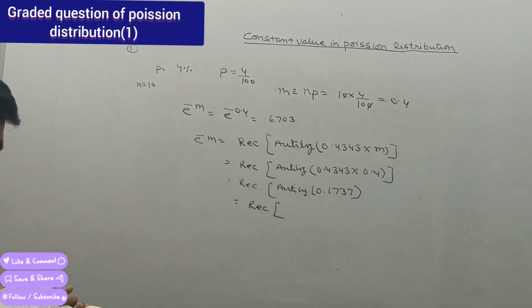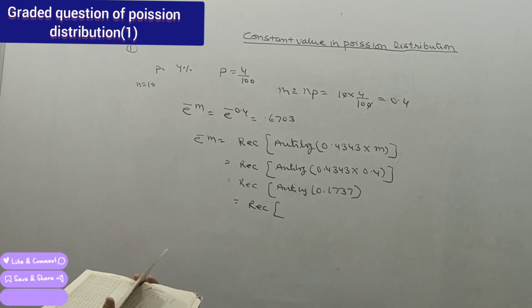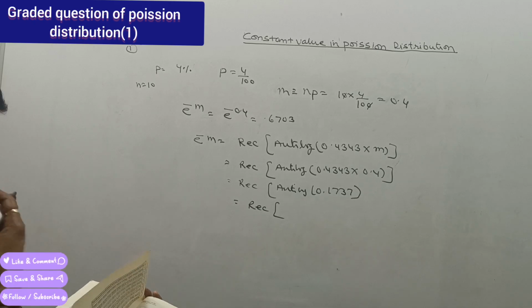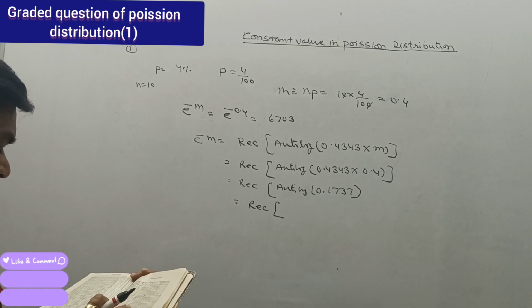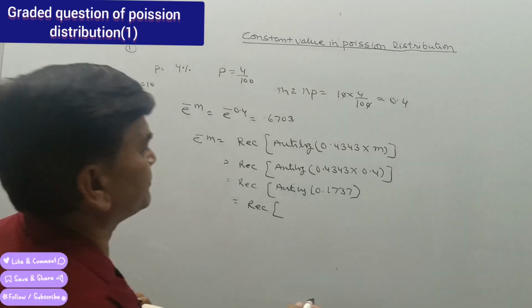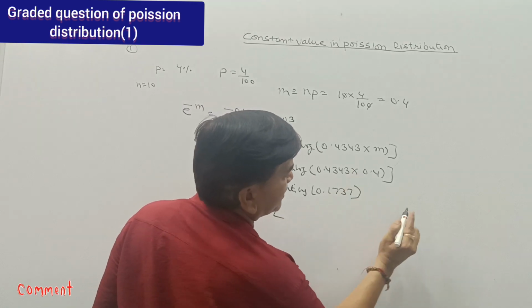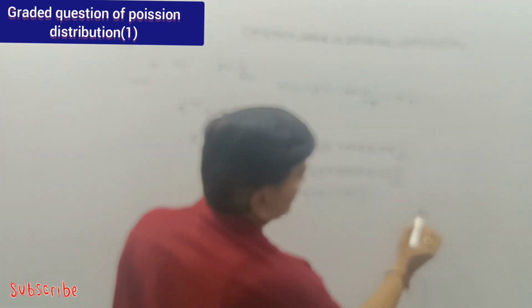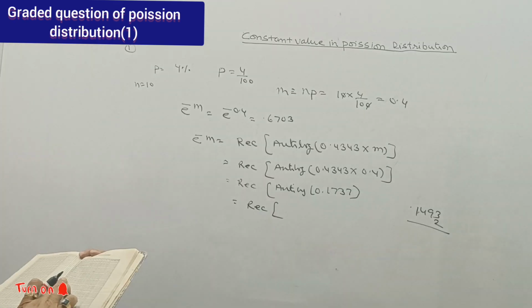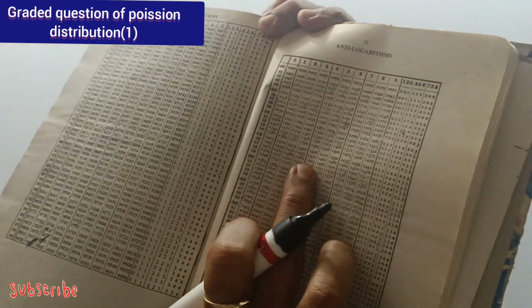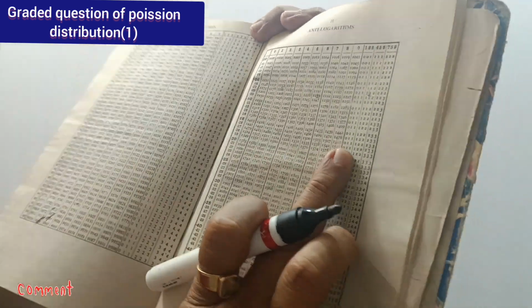But if I see it with the help of this method, we take the reciprocal, and after the reciprocal we will not get confused. For 0.1737, I look at the 0.17 antilog, that is 1489 at 3, and the difference for 7 is 2.